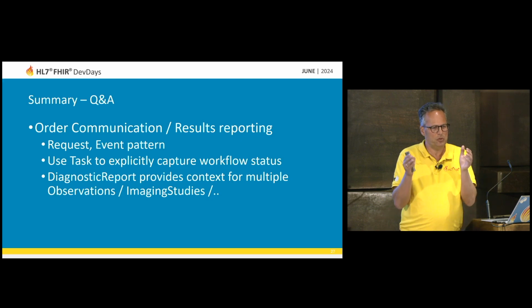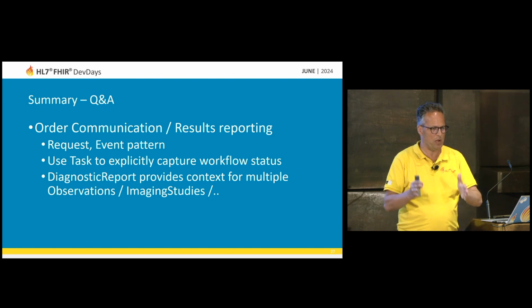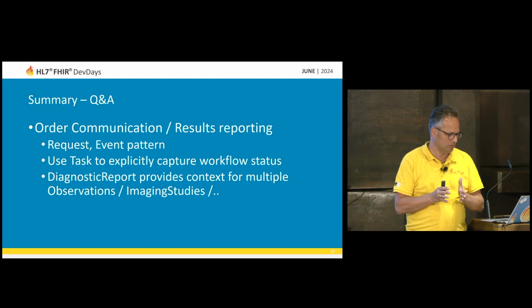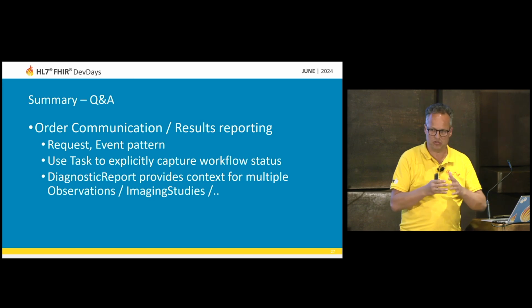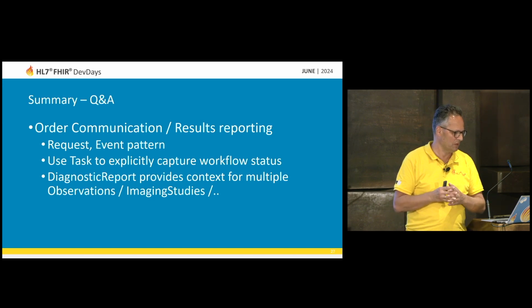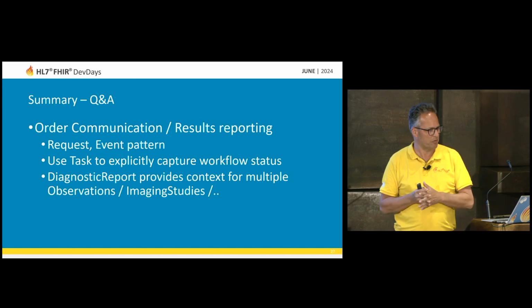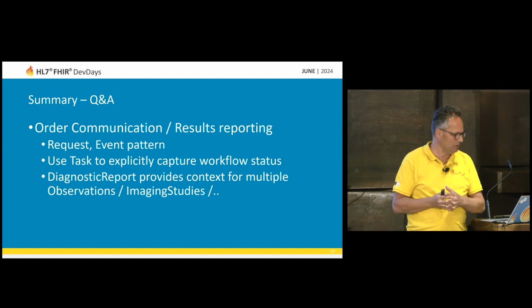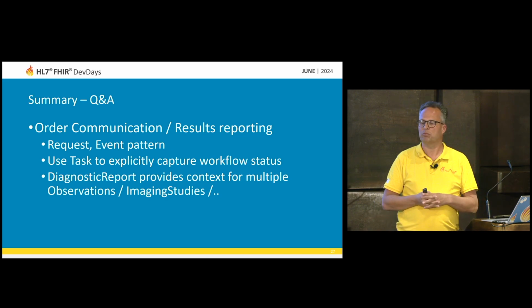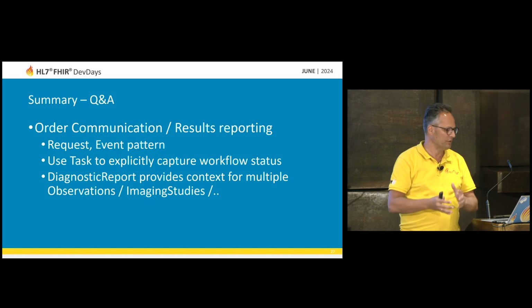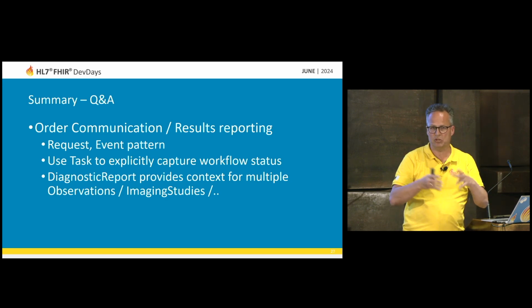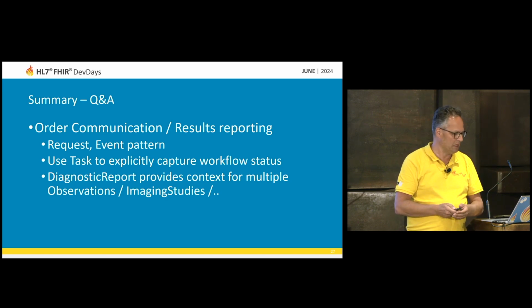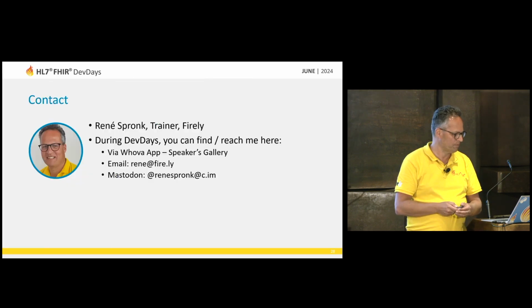But if you do this in an explicit, RESTful way, task is the way to go, especially between organizations. That's really the only way to manage this. And obviously, diagnostic report comes out of our lab example to provide the context, the grouping, if you want, of multiple observations or imaging studies or whatever we have done as a result of the service request.